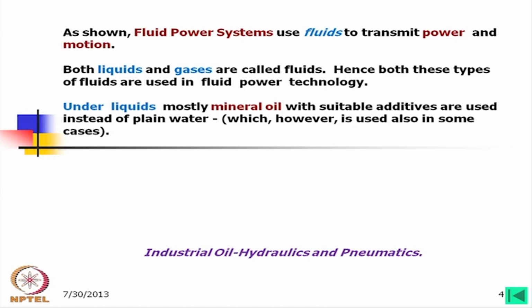Under liquids, mostly mineral oils with suitable additives are used instead of plain water, which however is used also in some cases, particularly nowadays water hydraulics is coming up again.